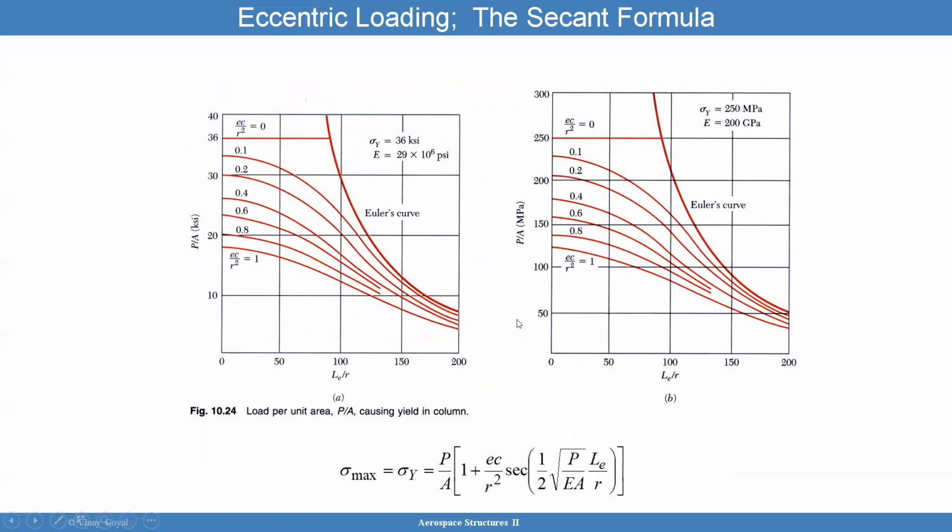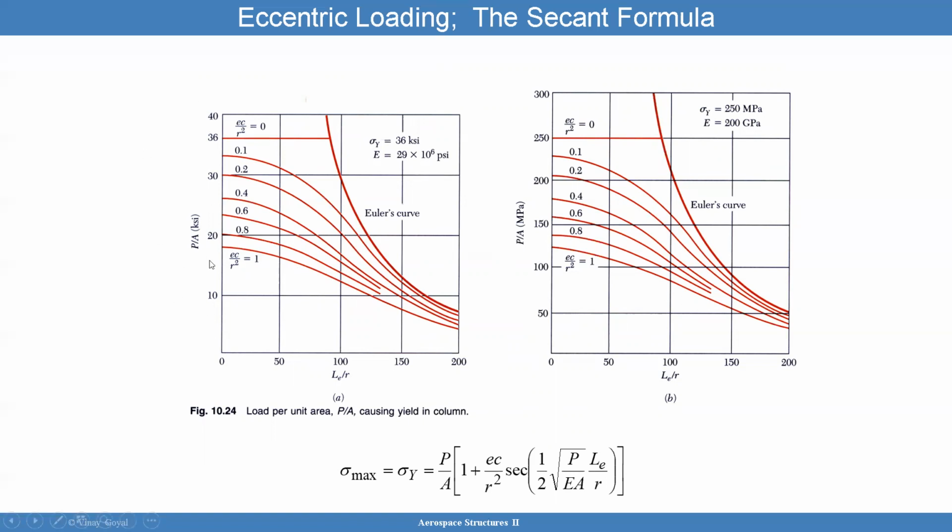And here is now an eccentric loading calculation, and the secant formula is provided here. It shows how you can go from the Euler curve to this regime where things could be driven by stress. We've seen this before. It's been covered in other arenas, but I think it was important to remind you what all this is about.